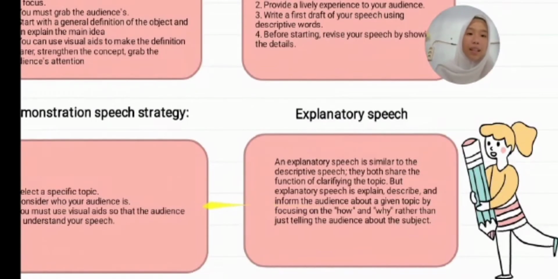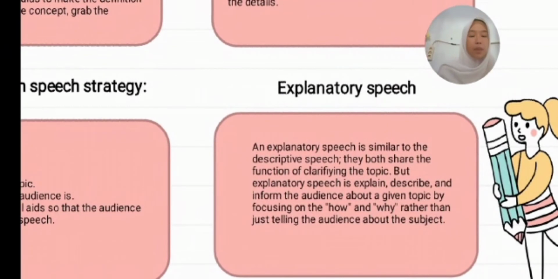And the last one, explanatory speech. An explanatory speech is similar to the descriptive speech. They both share the function of clarifying the topic. But an explanatory speech explains, describes, and informs the audience about a given topic by focusing on the how and why, rather than just telling the audience about the subject.